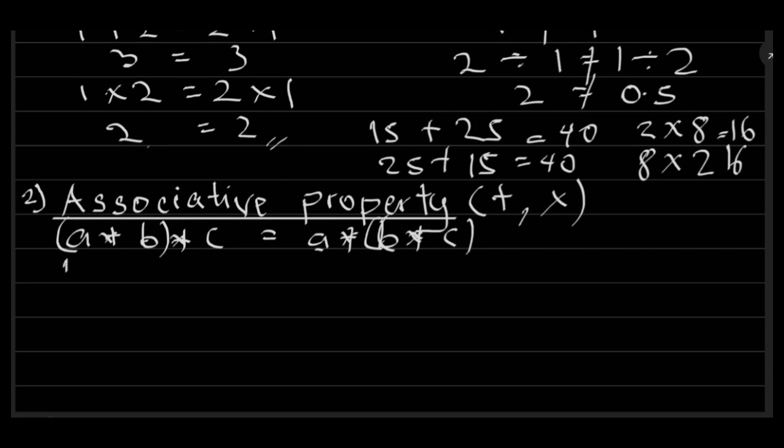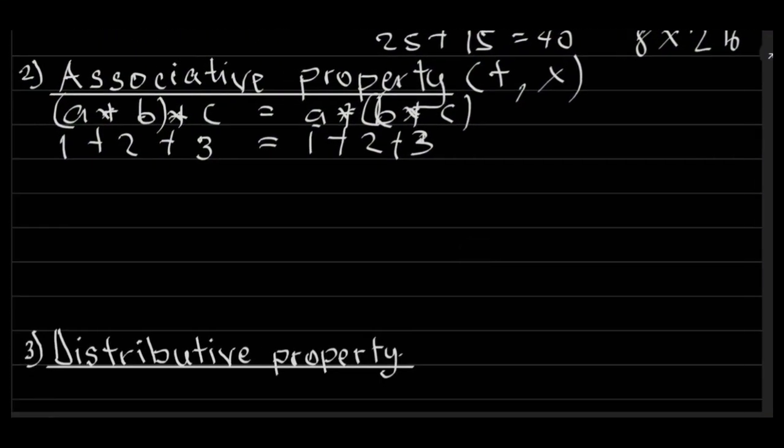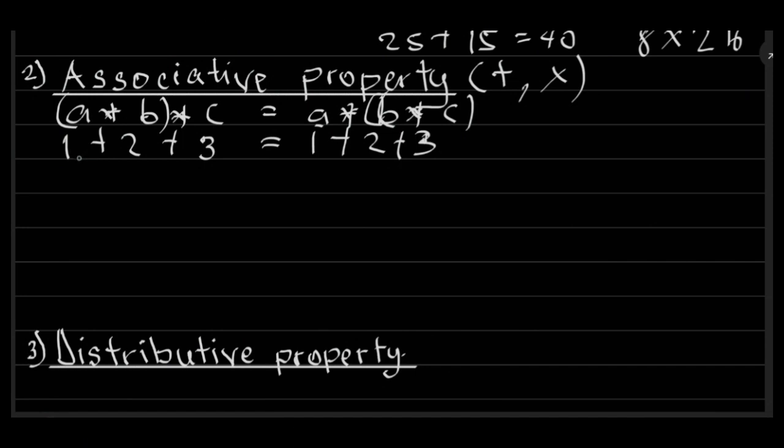Let's try that. 1 plus 2 plus 3 should be equal to 1 plus 2 plus 3. 1 plus 2 is 3, plus 3 would give us 6. We are going to have the same 6 here. When we try multiplication, 1 times 2 times 3, it is still equal to 1 times 2 times 3.